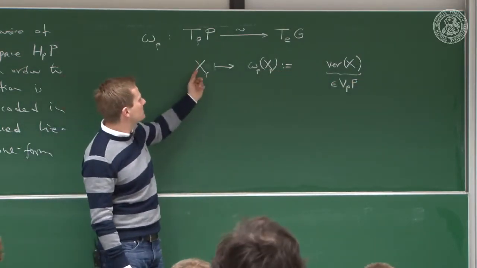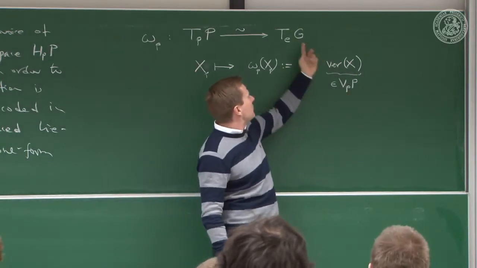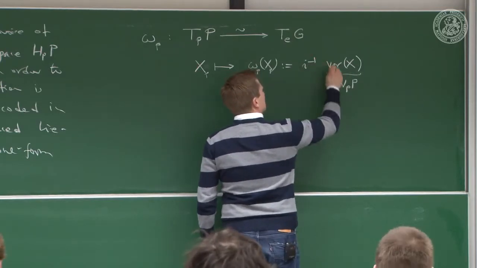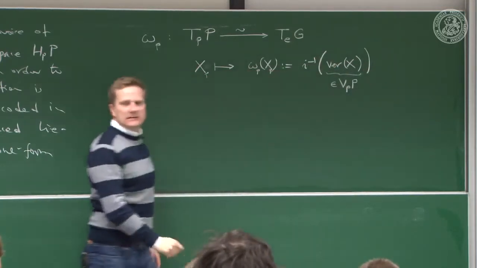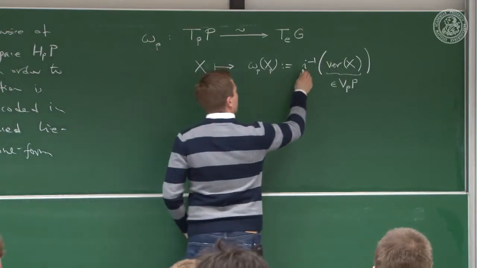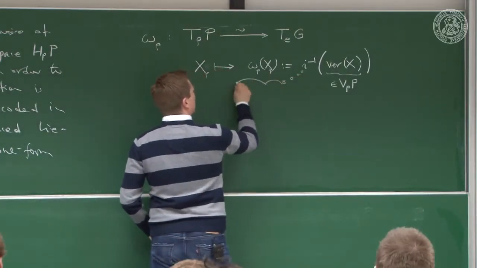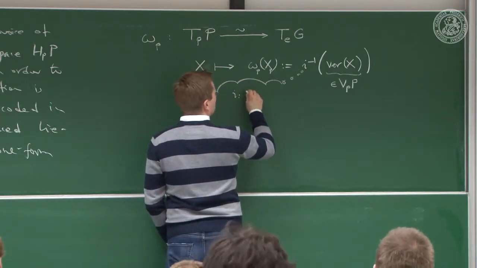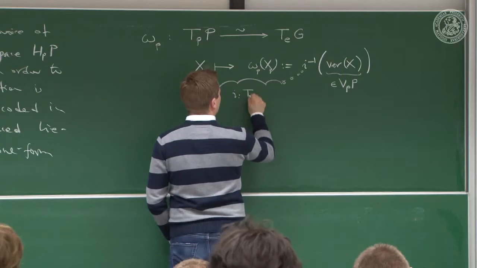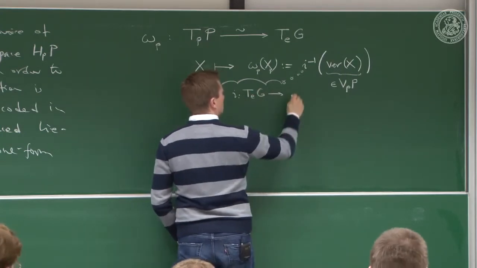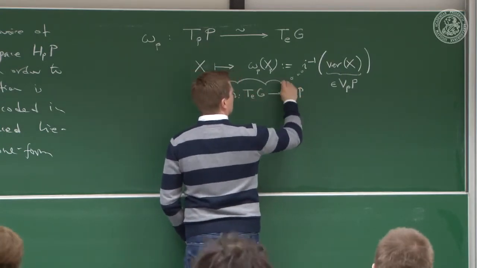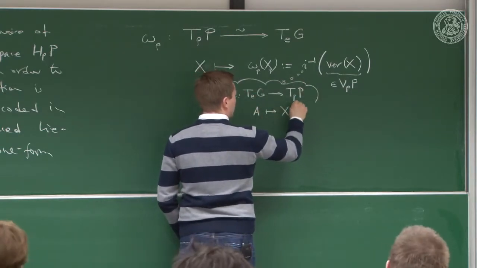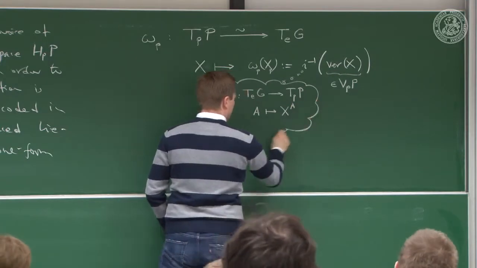Take an element of the tangent space, that vertical subspace, but I want a Lie algebra valued one form. Well, I take the inverse of the map I defined in the beginning. If we recall, this map I took you from the Lie algebra into the tangent space T_P P by assigning to A the vertical vector field generated this way.